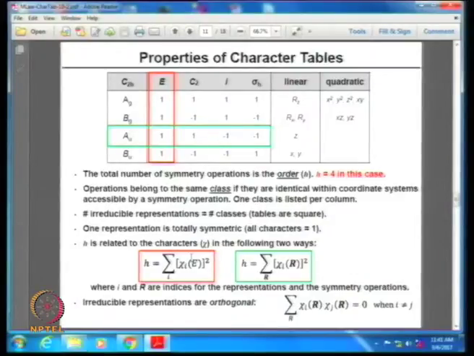So, i labels irreps, notation change. So, i labels irreps, and so that orthogonality property is basically verified here.